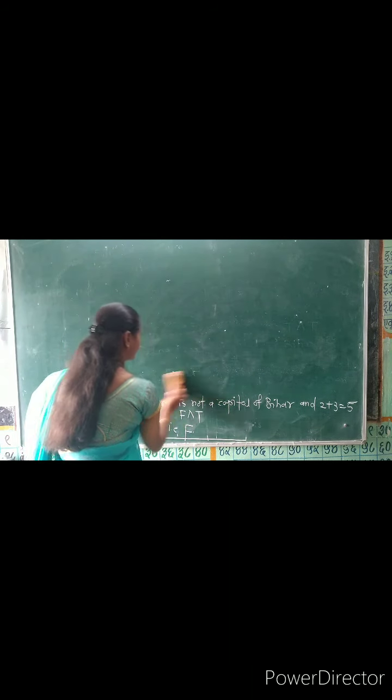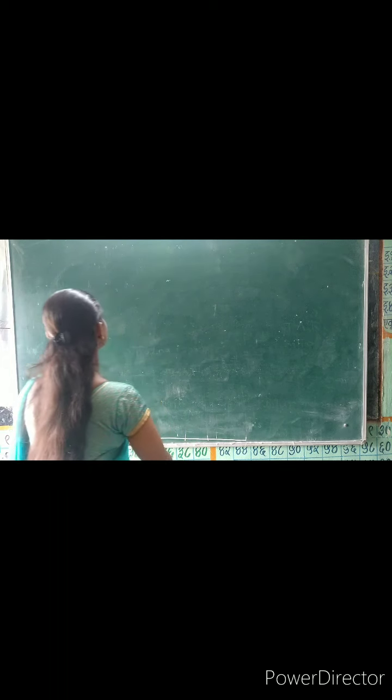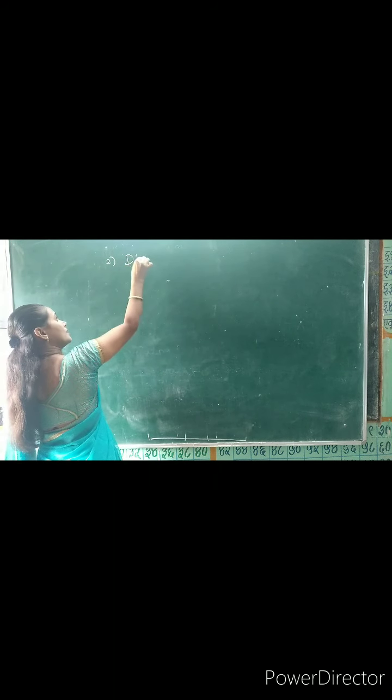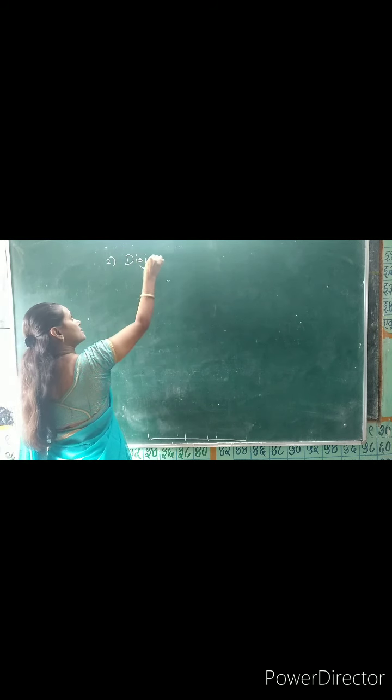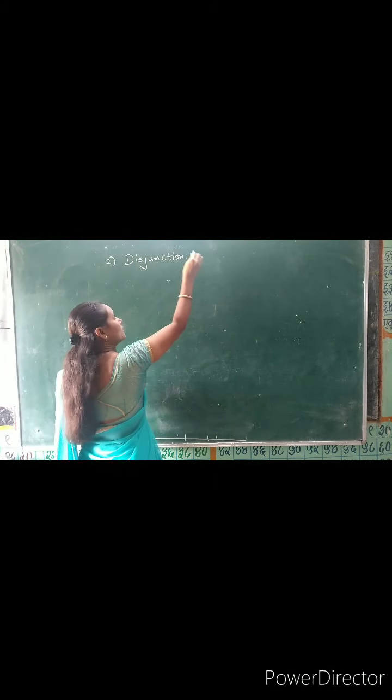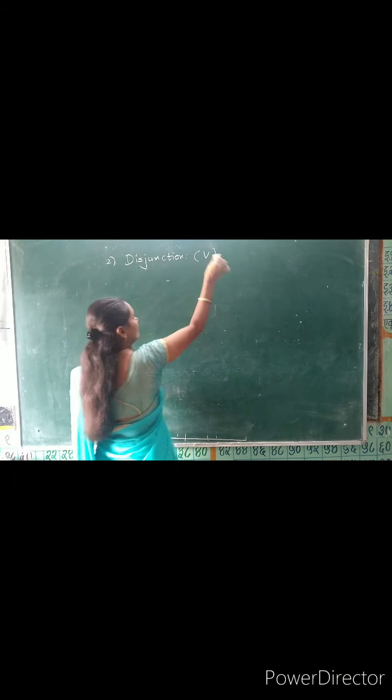The next logical connective we will see is disjunction, and the symbol of disjunction is like a flip.